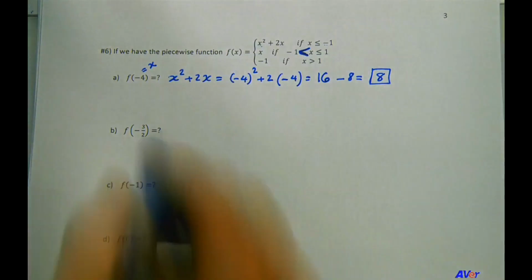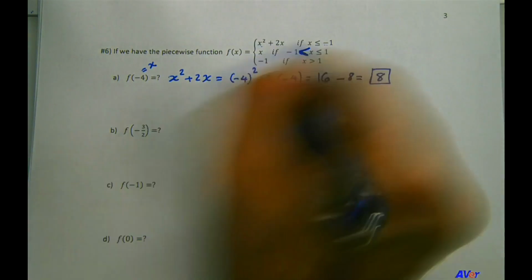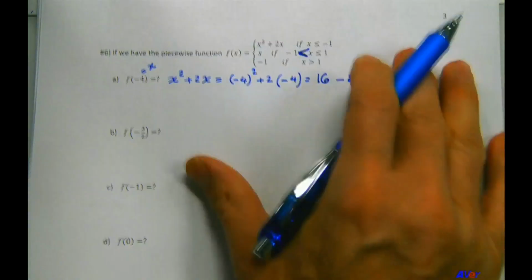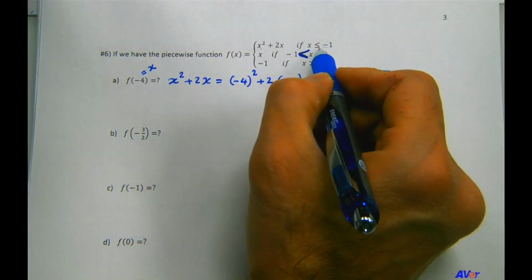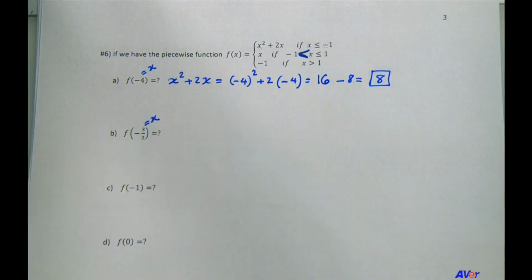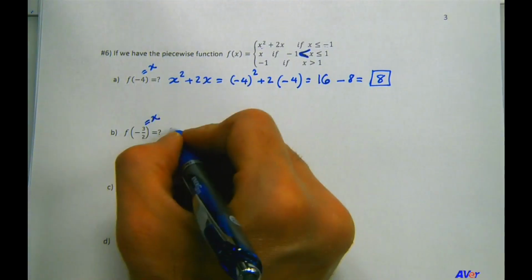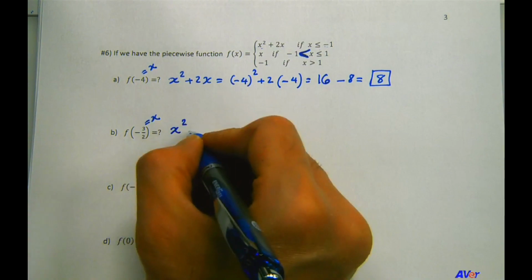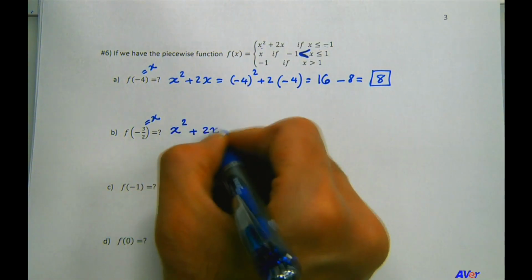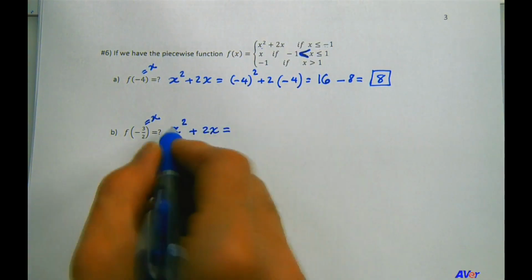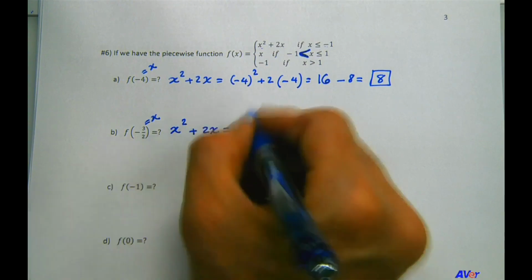Okay, so -3/2 is definitely less than an x value that is less than or equal to -1, right? So that's our x value. Once again, our function is x squared plus 2x. Let's replace x with -3/2.